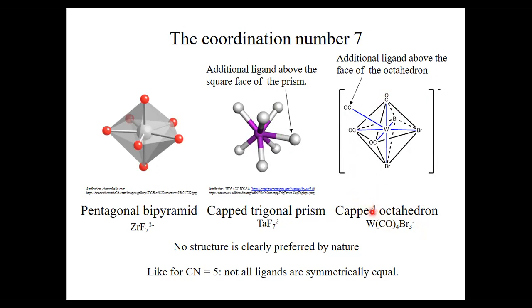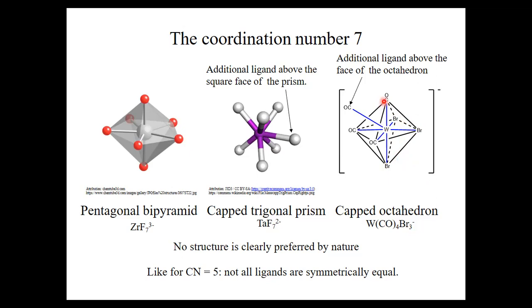So this is tribromo tetracarbonyl tungstate minus, and you see here that we have 3 bromo ligands that lie on one triangular face.